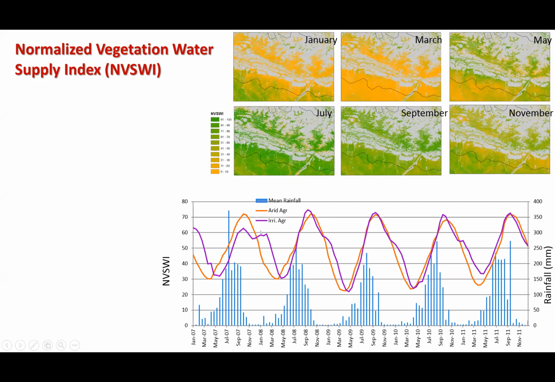This indicates that it has some sort of water source in addition to precipitation, while in the arid system the vegetation is losing water supply very sharply. So these are the kinds of indices which can give you a combined effect of temperature, vegetation, and precipitation.